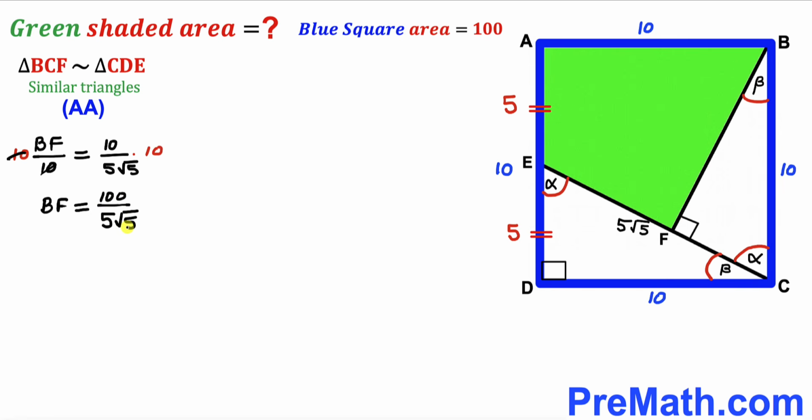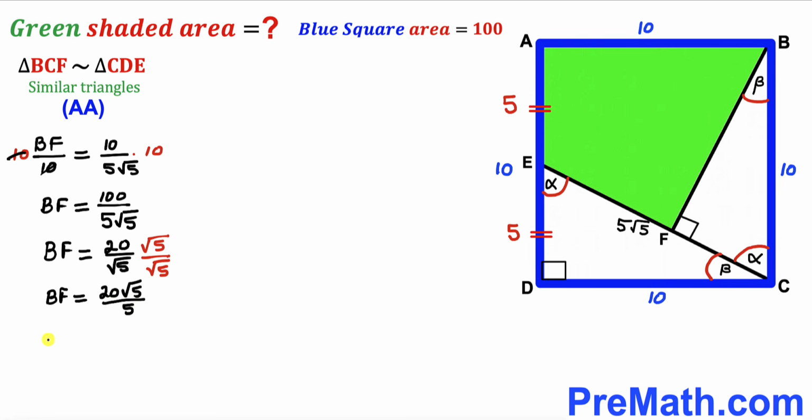And now we are going to rationalize the denominator by multiplying and dividing by square root of 5 at the very same time. And here we can see square root of 5 times square root of 5 is going to give us simply 5. So therefore BF length is going to be equal to 20 times square root of 5 divided by 5.